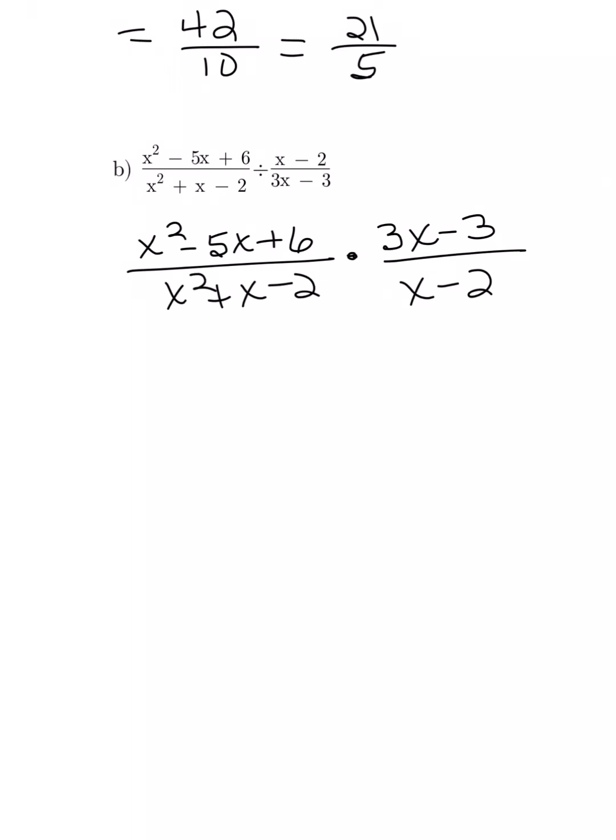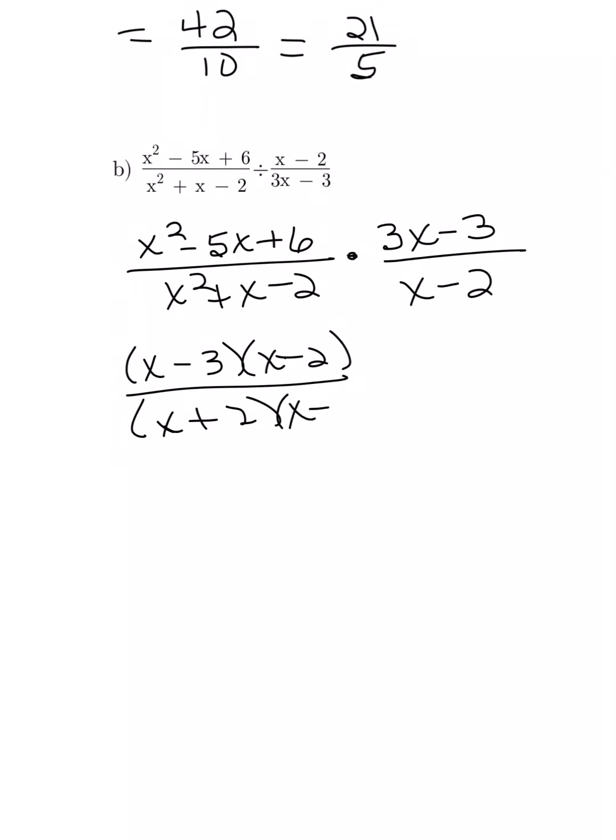The numerator of x squared minus 5x plus 6 factors into x minus 3 times x minus 2. The denominator factors into x plus 2 times x minus 1. On the second fraction, when you have 3x minus 3 in the numerator, you're going to pull out a 3, leaving x minus 1 inside. The denominator does not factor.